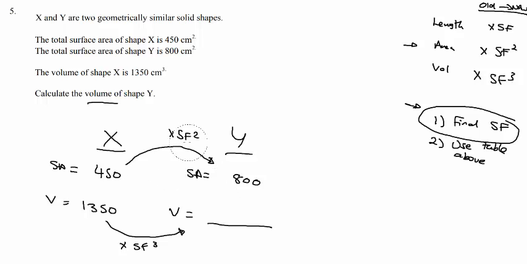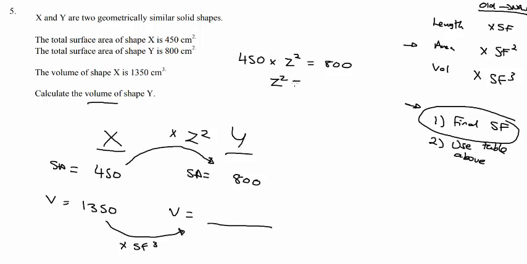So if I just call the scale factor, let me call it Z, okay? Can you see it would be Z squared? So think about it this way. You know that 450 got multiplied by the scale factor squared to give you 800. So you make a little equation like that. Now let's find what Z is.